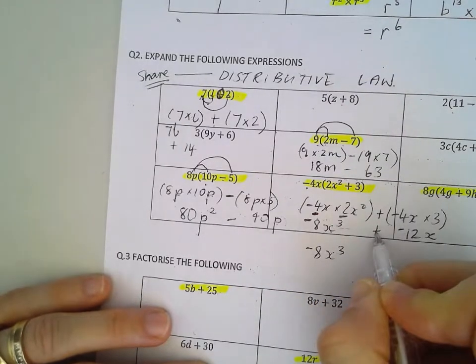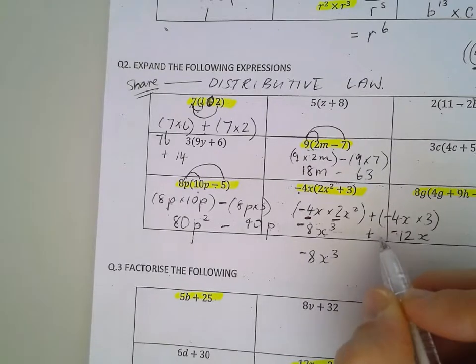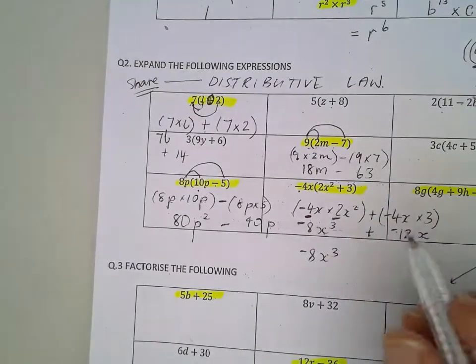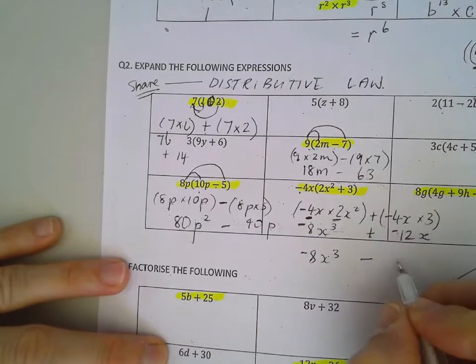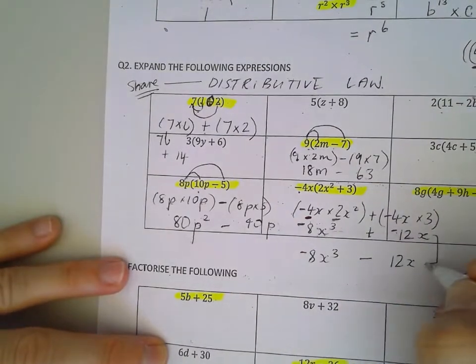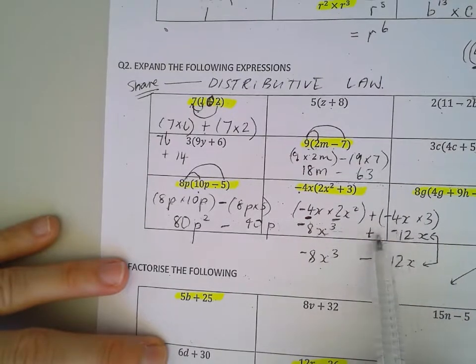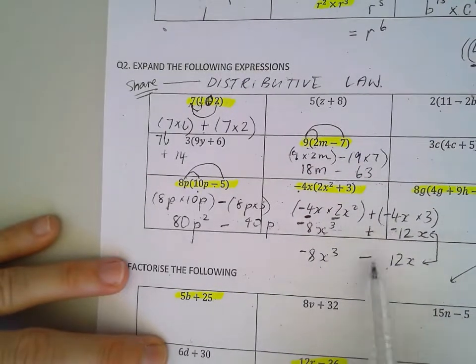So if you plus a minus, or if you add a negative, I should say, if you add a negative, it really is the same as just subtracting 12x. Okay, so either of these answers are mathematically correct, but I guess this one is more simplified. Okay, because we've gotten rid of this messy stuff in the middle. To add a negative, it really is the same as subtracting, but both these answers are mathematically correct.